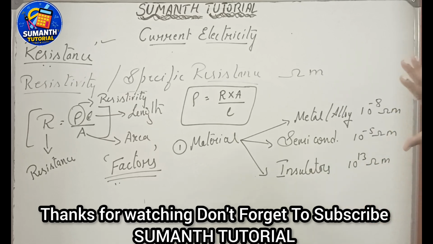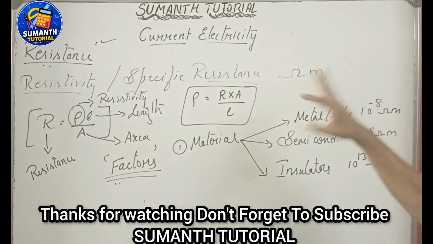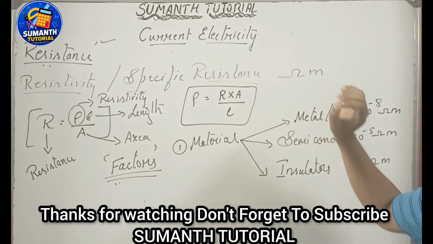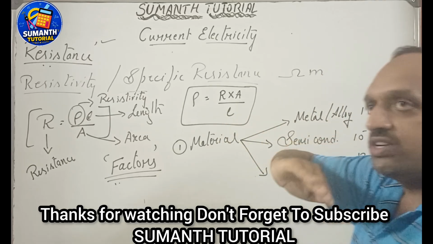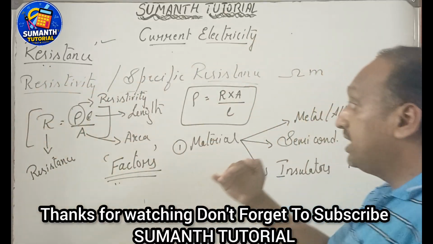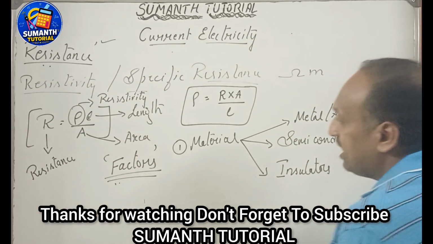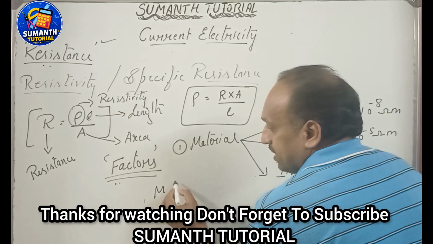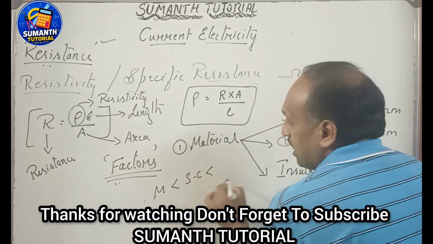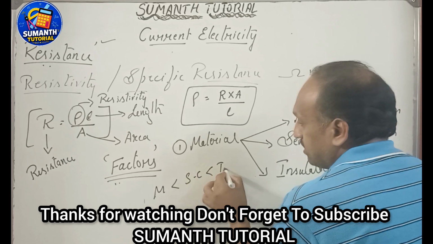Means by observing these numbers, you can easily decide that for metals, the specific resistance is the least. For semiconductors, it is more, and for insulators, it is max. So if I write like this: metals, then semiconductors, then insulators.